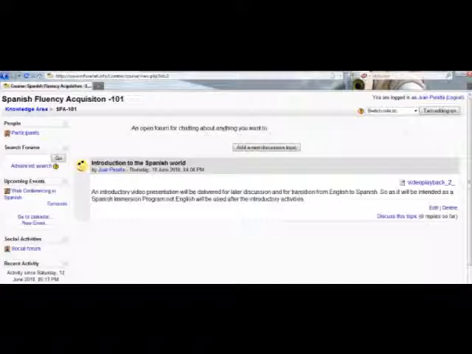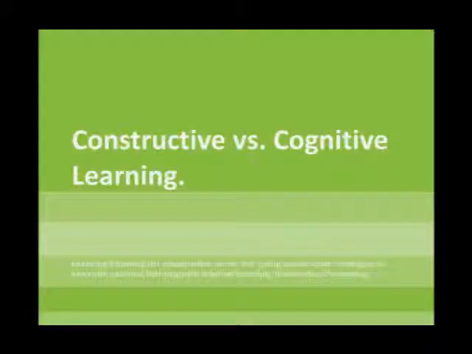Next steps are constructive versus cognitive learning and context learning, video imagery. I mentioned these two steps at the same time because they are very connected.